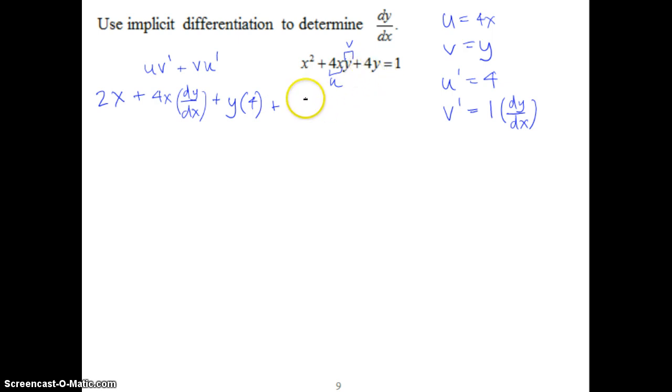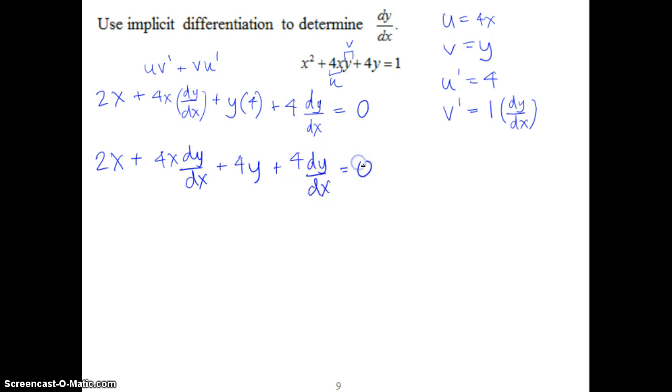The derivative of 4y is going to be 4, but then we still have to multiply it by dy dx because it's in terms of y, is equal to the derivative of 1, which is just 0. So again, now we have to simplify. 2x plus 4x dy dx plus 4y plus 4 dy dx equals 0.